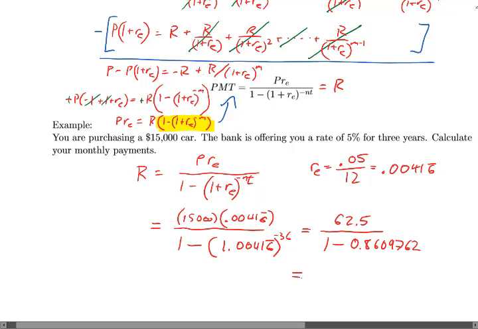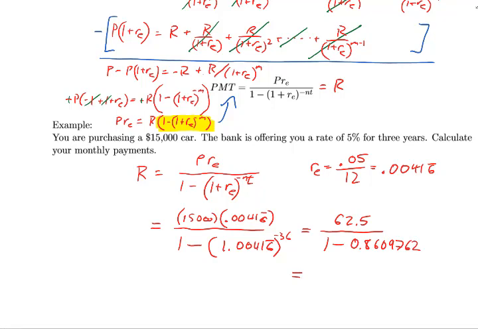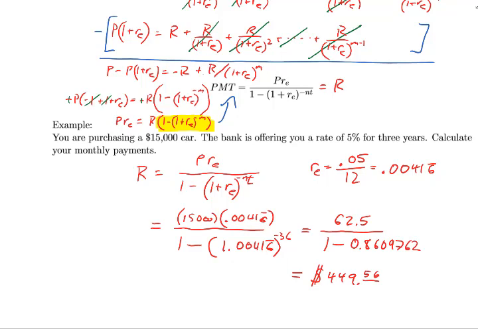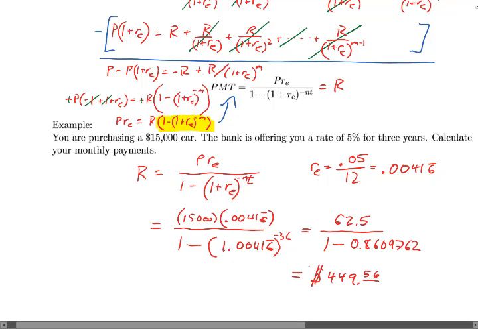And then from here we just can perform that final calculation to find that our minimum monthly payments will be $449.56. And you'll round to the nearest penny at this point. You just want to maintain all those decimal places for all of your intermediate calculations, but at the very end you only record down to the last penny.